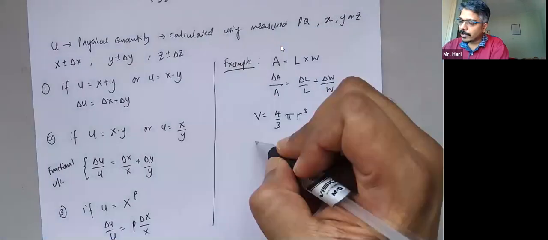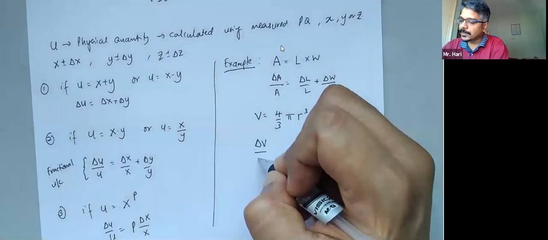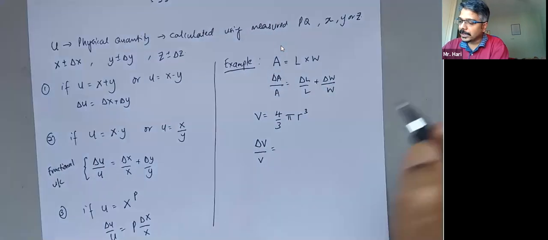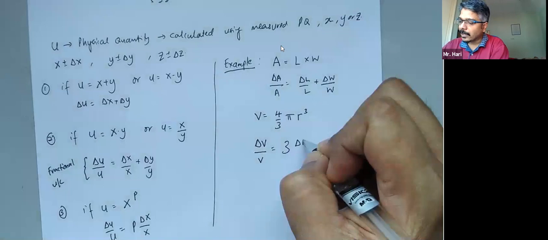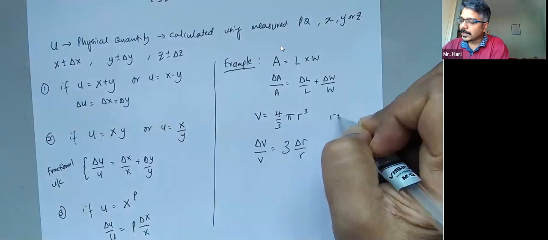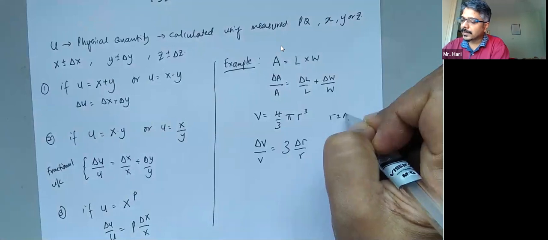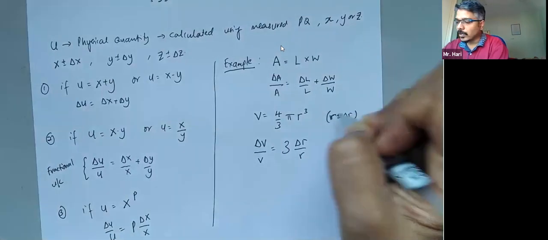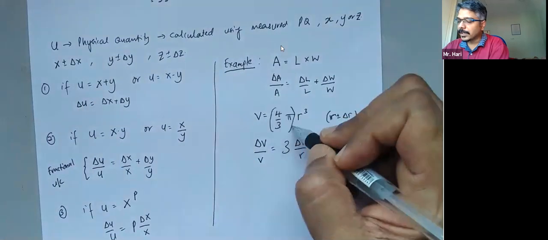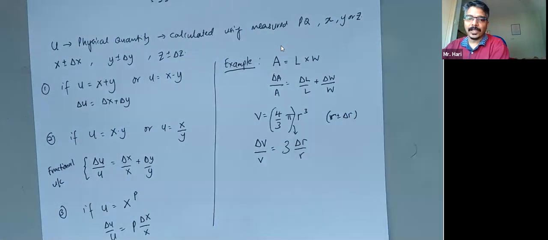So the fractional uncertainty for the volume is 3 delta r over r, where r is equal to r plus minus delta r. Right, so take note the constant is not being carried forward in the calculation of the error.